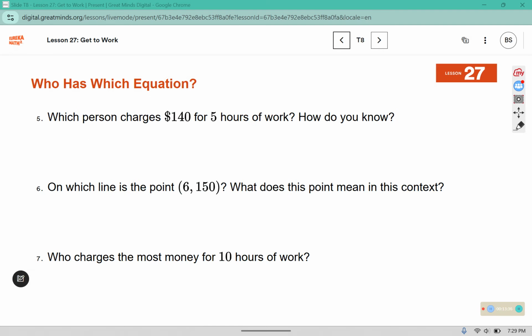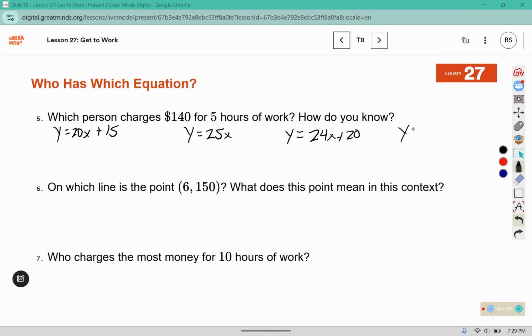Which person charges $140 for 5 hours of work? We had 4 different equations. And if we plug in 5 into the x position to each of these equations, we can figure out which one charges 140. So we're replacing these with 5. 20 times 5 is 100, plus 15 would be 115.